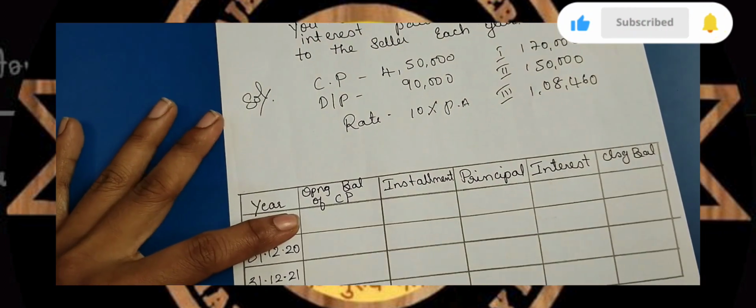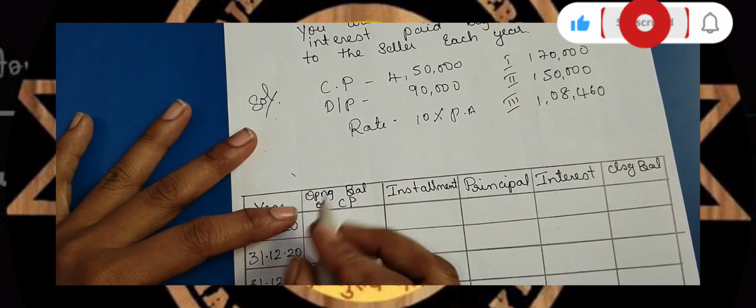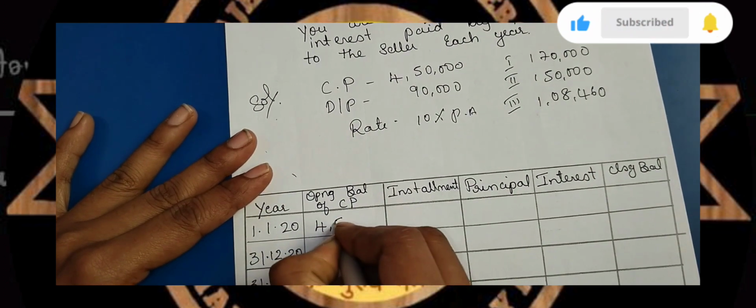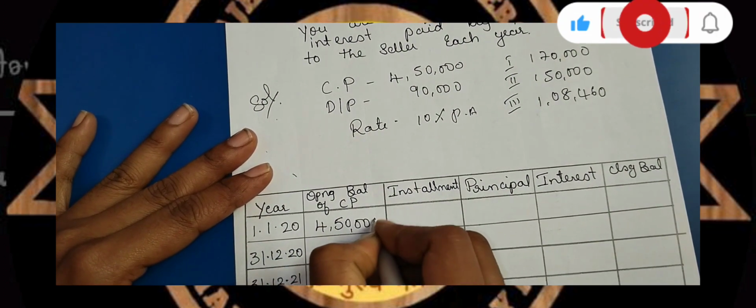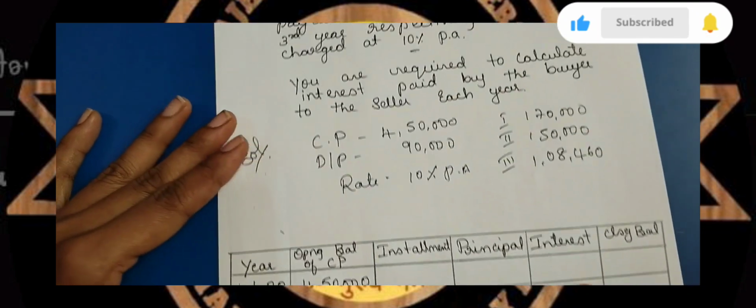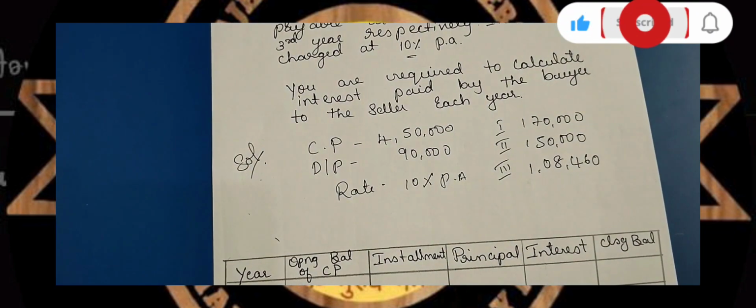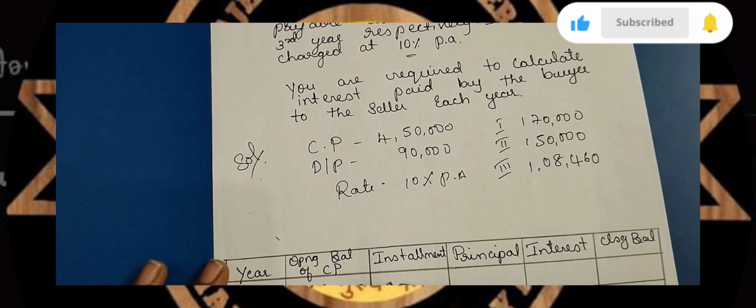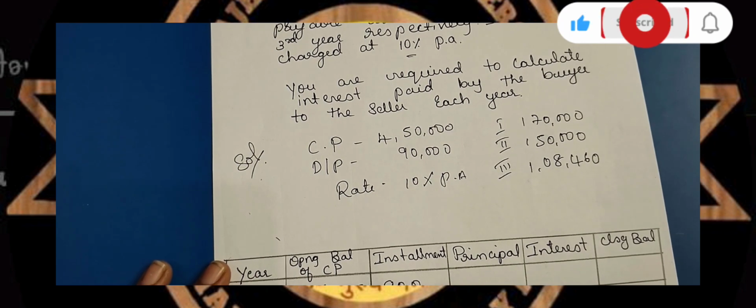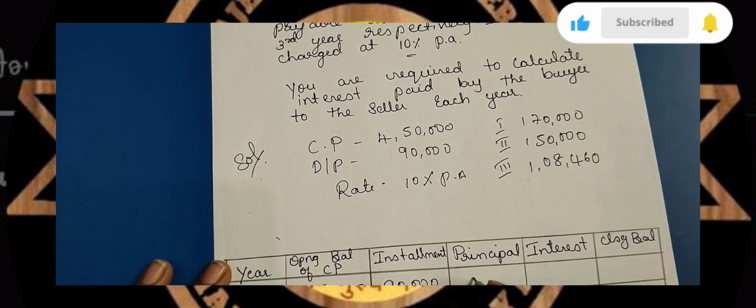Now, the opening balance is the total cash price, that is 4,50,000. While purchasing, he paid a down payment of 90,000. The principal amount is the same as the down payment, and here there is no interest.